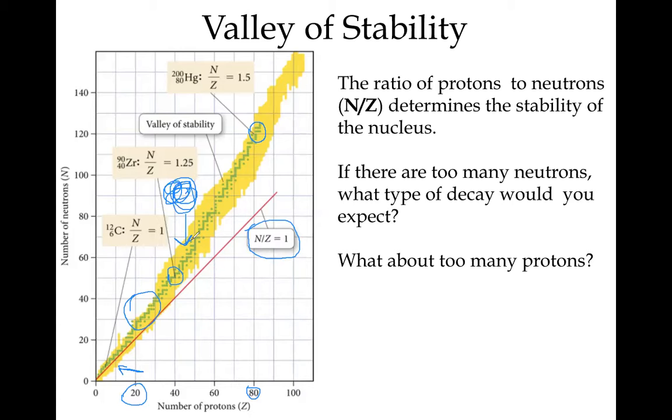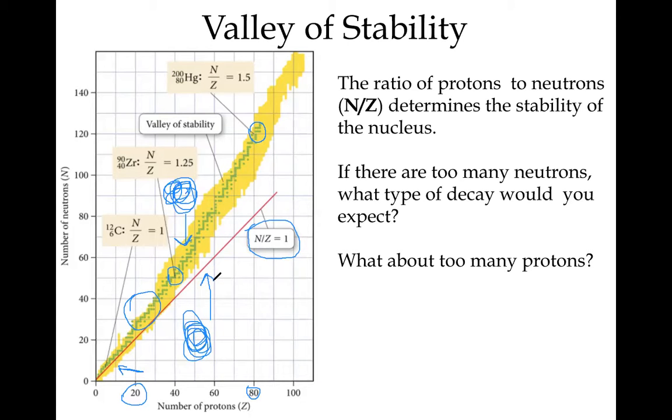Okay. Now, what if the N/Z is too low, meaning now we have more protons than neutrons? Well, now we can expect that to be a positron emission or an electron capture decay. And what that's going to do is convert the protons into neutrons and bring that ratio back up, right?